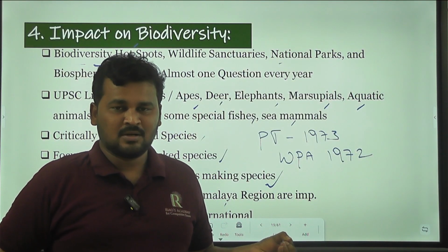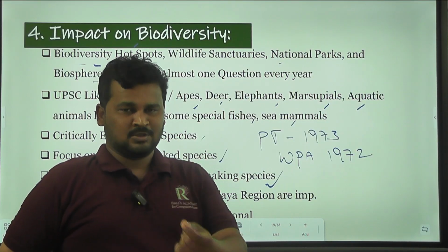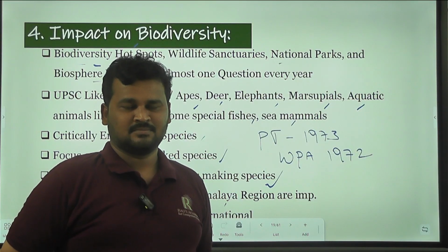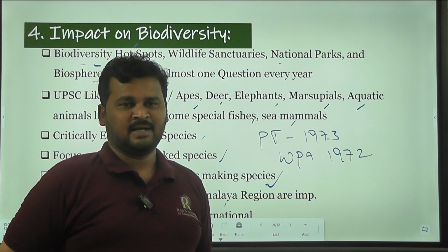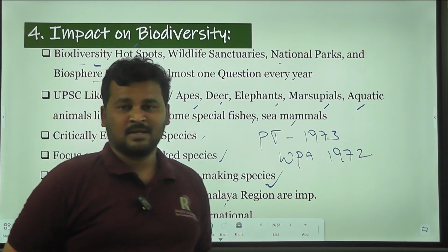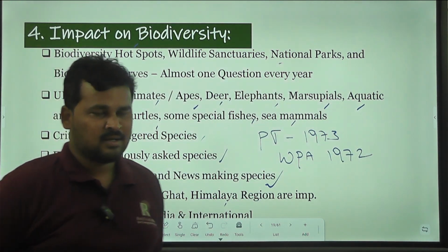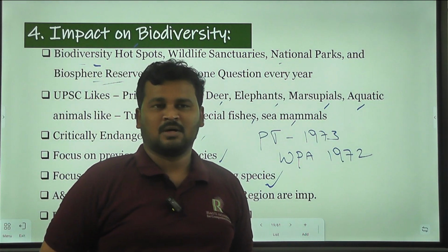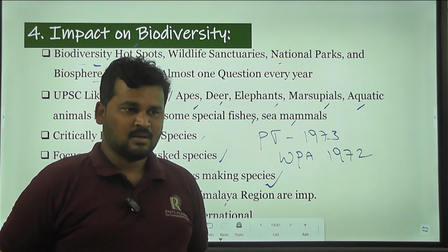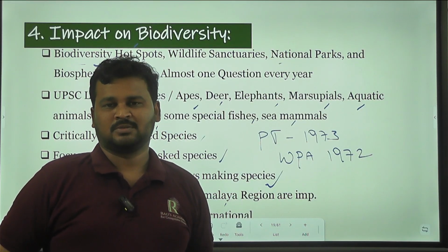To protect our tigers. We know that India is the capital, a hub, for tigers. And in India, Madhya Pradesh is the hub for tigers. Madhya Pradesh has 9 national parks, and in them the tiger population is very huge.